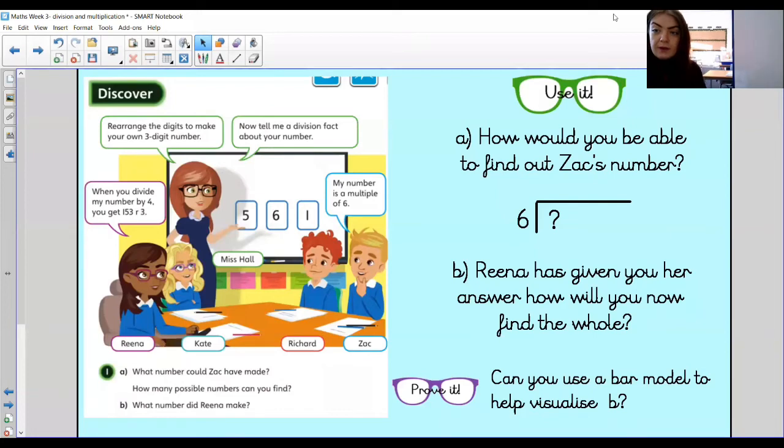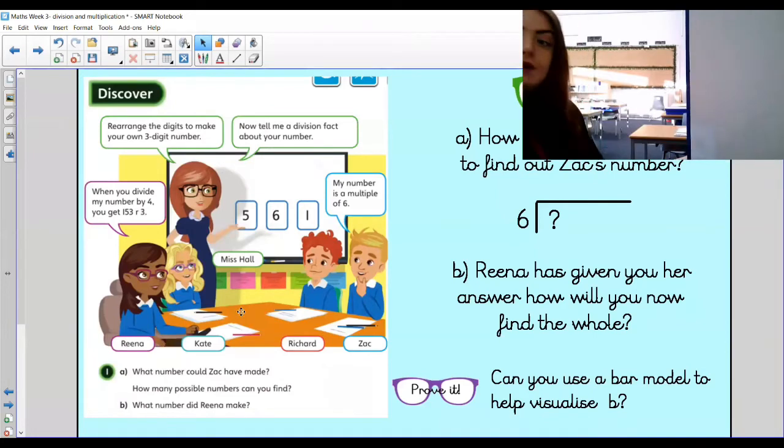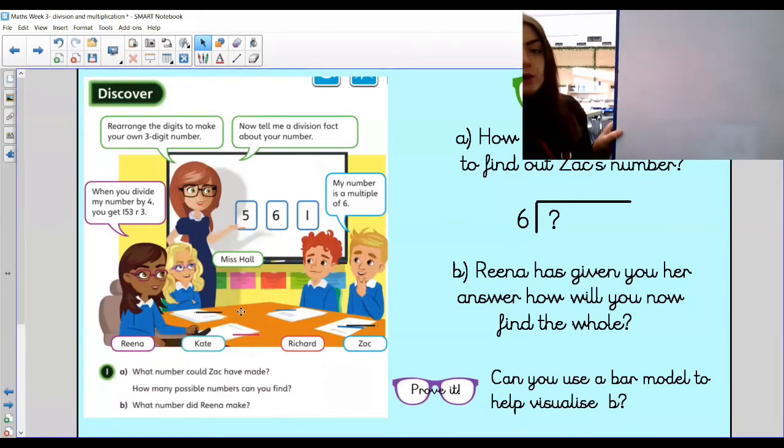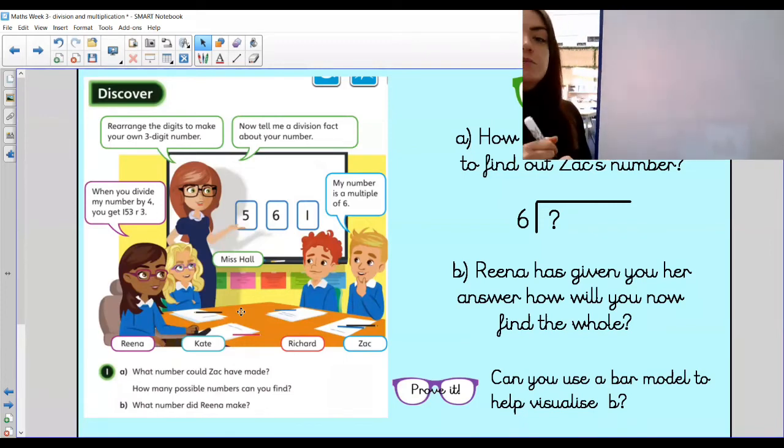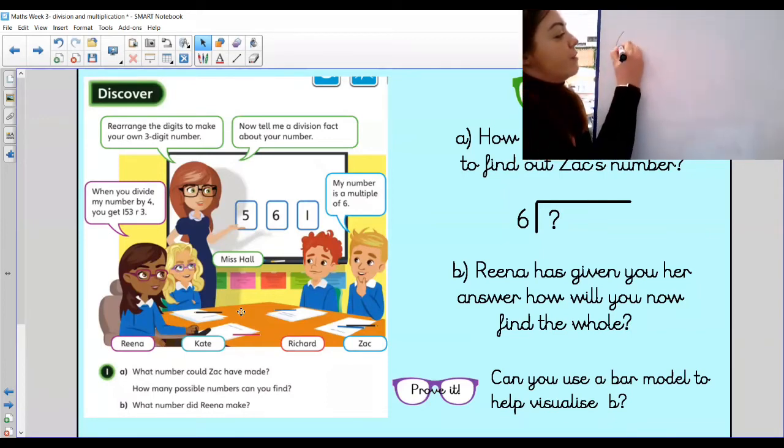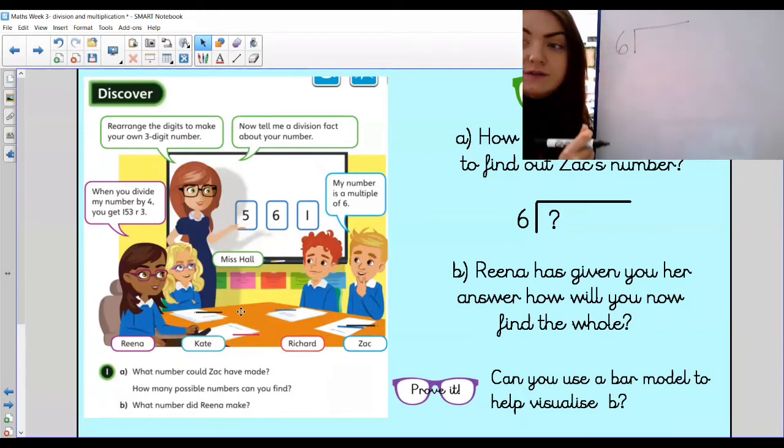Brilliant. So I'm hoping you've had a little go at those now. Let's have a look and see how we could work out our answers. Let's start with Zach. Zach says his number is a multiple of 6. I'm not sure how you did this, but straight away I drew my short division method.